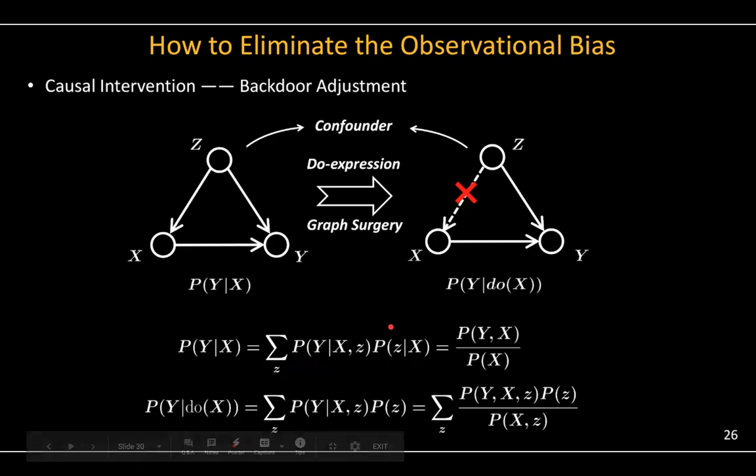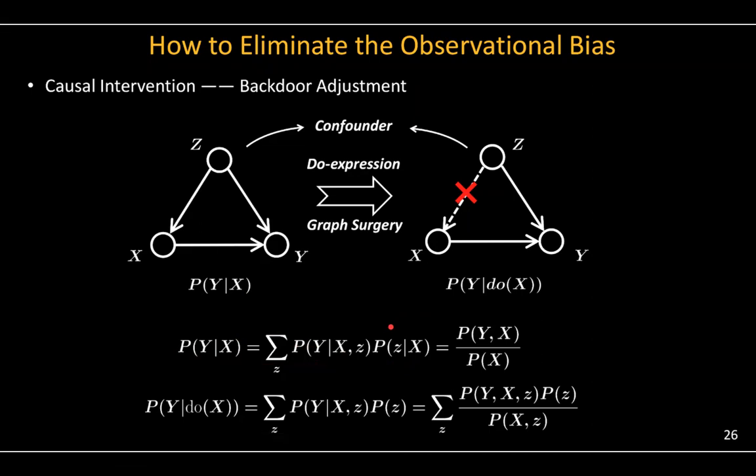But we know that z is a confounder in this case, and x causes y. What we want to do is cut off the causal relation between z and x. There are many methods, but do calculus is one kind of elegant way to do this.